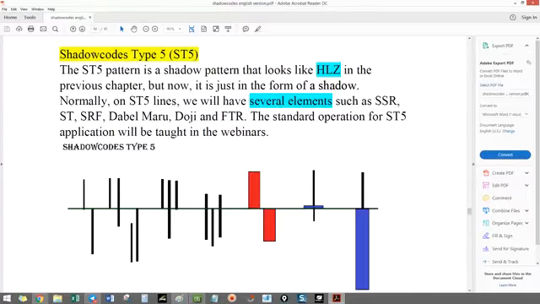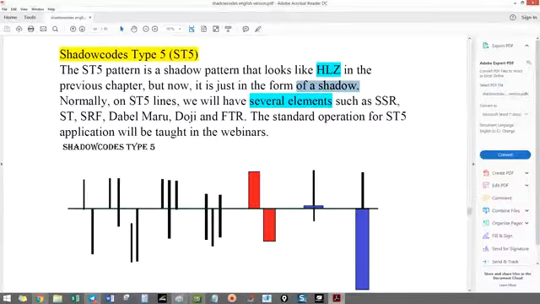Okay, so Shadowcodes type 5 or ST5. The ST5 pattern is a shadow pattern that looks like the HLZ, or high liquidity zone, from a previous chapter, but now it is in the form of a shadow.